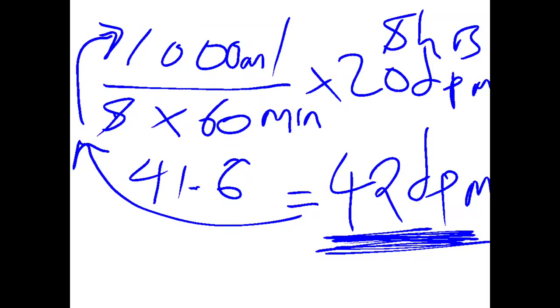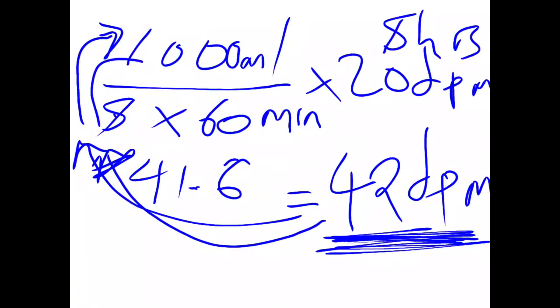it means that if you give these fluids at 42 drops per minute over the 8 hours in which the patient is supposed to receive them, when you add these 42 drops per minute in each hour until you reach hour number 8, you would have given the amount of fluids, which is 1000 mils.